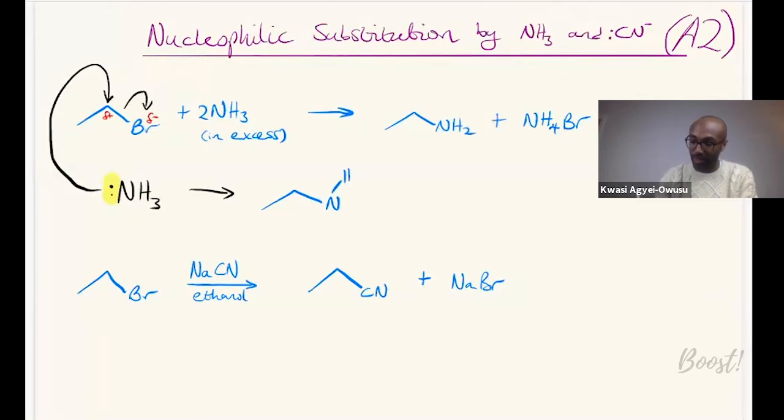We draw in all the bonds to the hydrogens there. A plus charge on the ammonium species, and of course we will have made a bromide ion as a result.